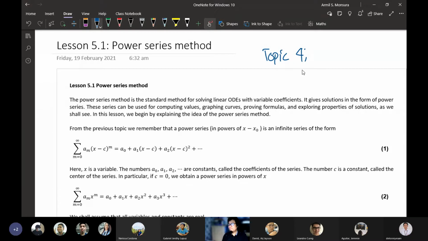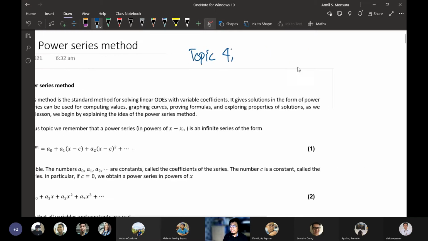Okay? Pero actually, some of the lessons there at topic 4, while some of them will be useful here, okay? You can actually learn this part without really fully going over all of topic 4.